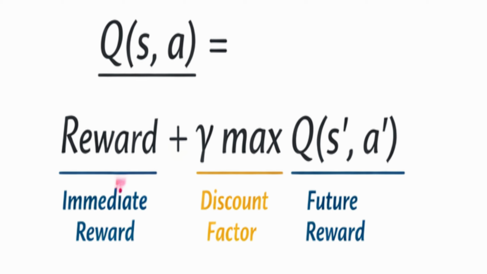It follows a Bellman equation, where the value of an action is its immediate reward, plus a discounted value of the next state. So we have this gamma max, again with the future state and future action from that.